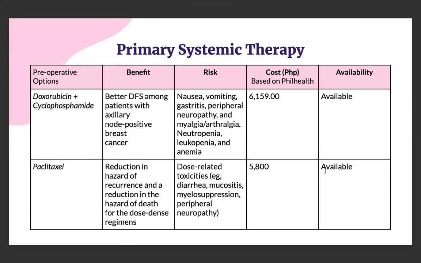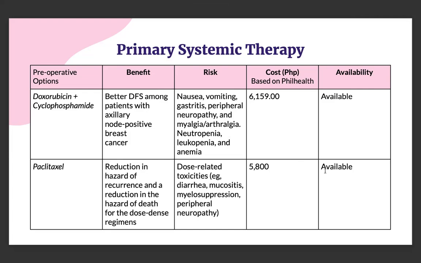So next, according to the national breast cancer clinical practice guidelines in the Philippines, we can do chemotherapy to maximize distant disease-free survival, and later on to do radiation therapy post-operatively to maximize the local regional control and disease-free survival.